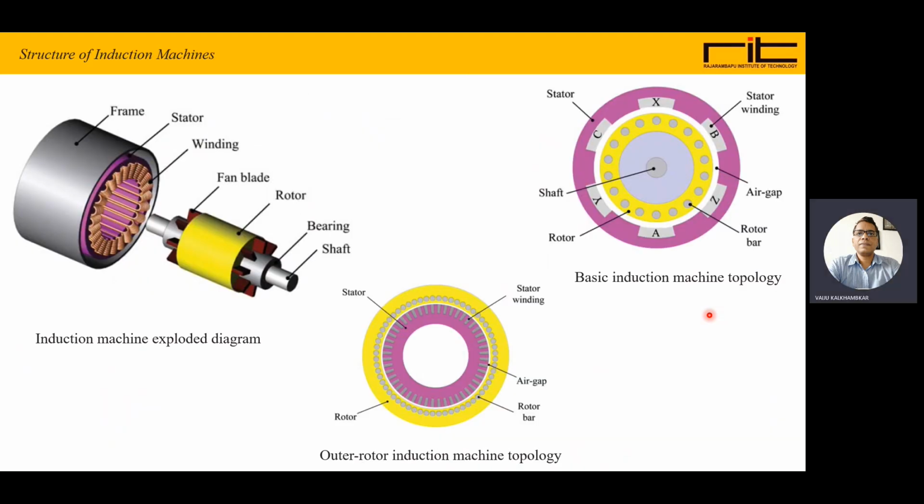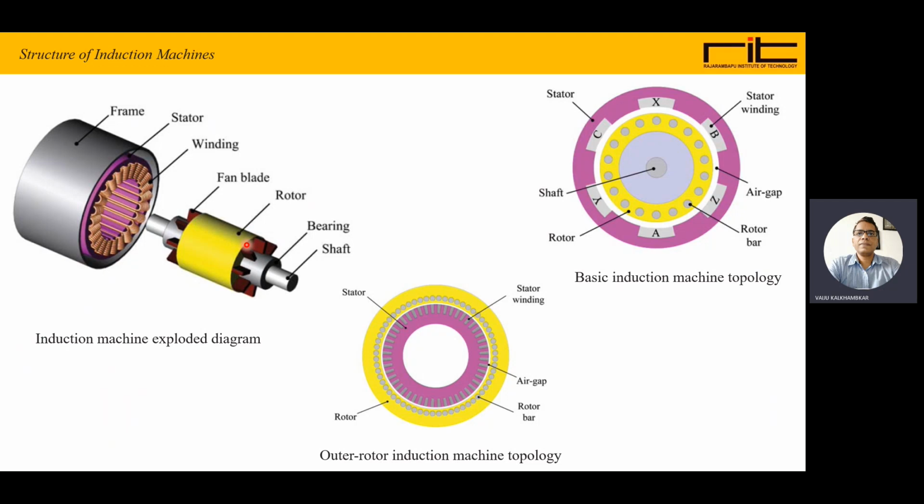If you see the structure of induction machine, it has the outer frame, the stator core and stator winding, which is placed into the stator slots. There is the rotor.